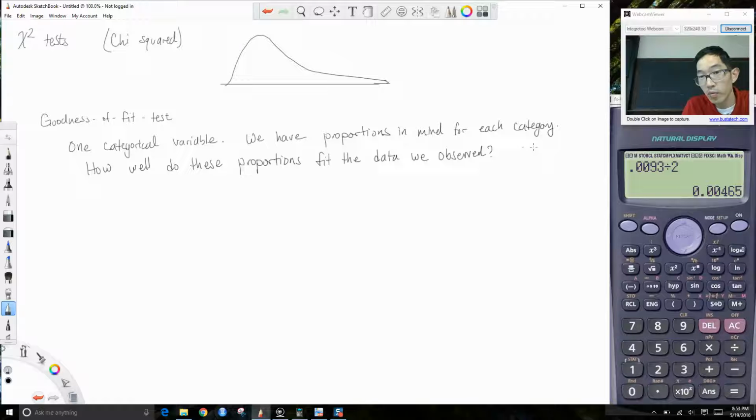How good is the fit between the proportions and the data?